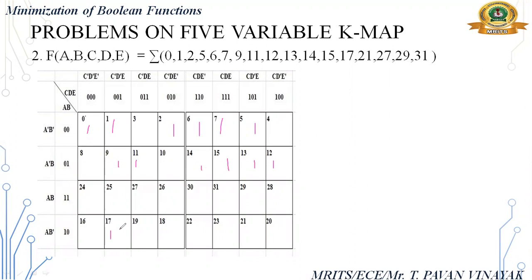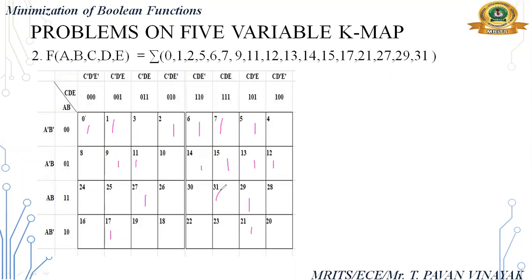Next, 17, 21, 27, 29, 31. Okay. First you have to check for 32 ones and 16 ones.